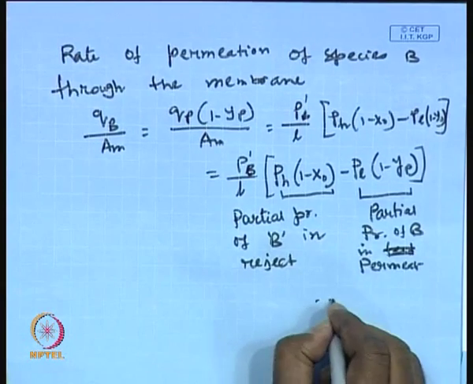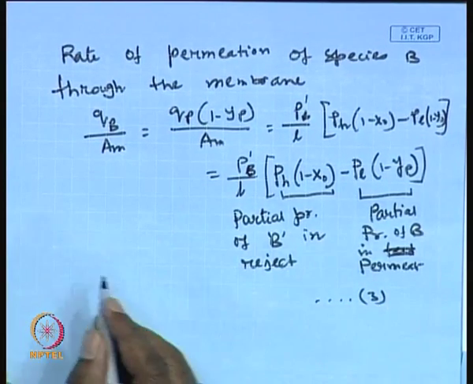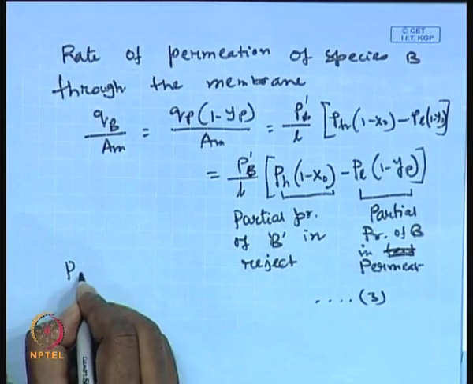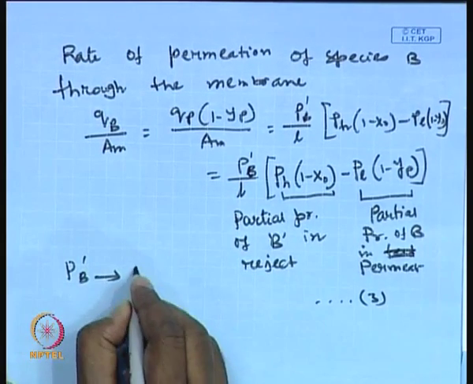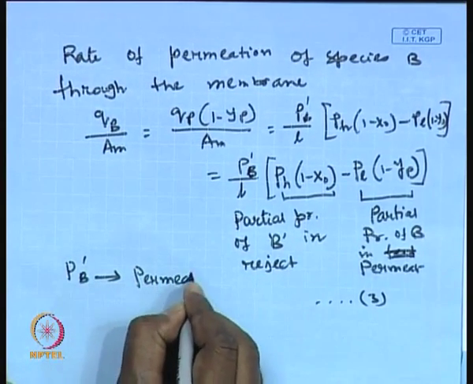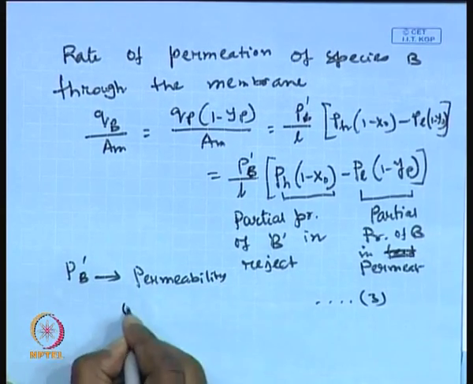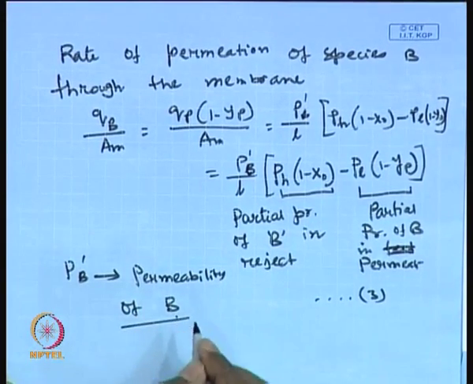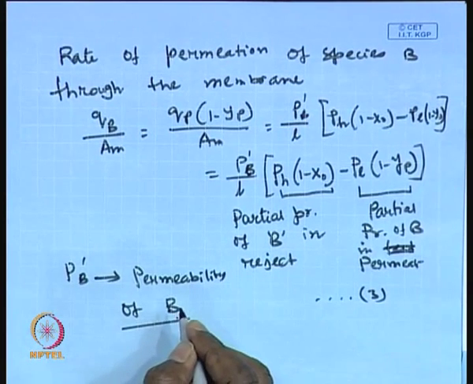Okay. This is the third equation we are talking about, and PB prime is permeability of species B through the same membrane.